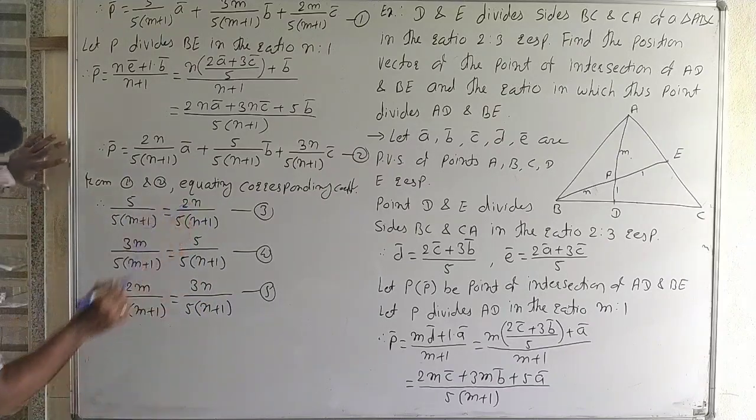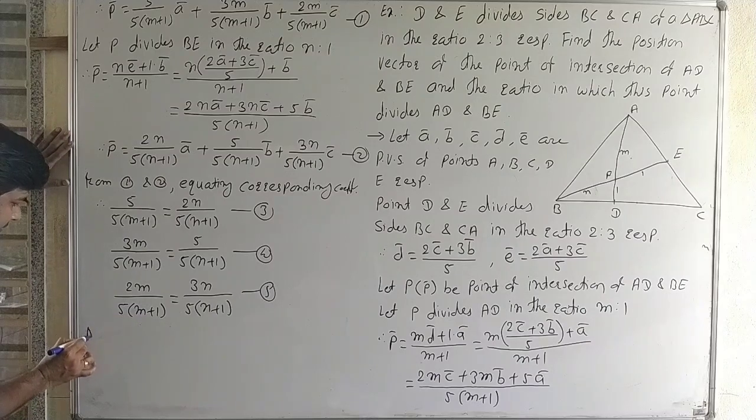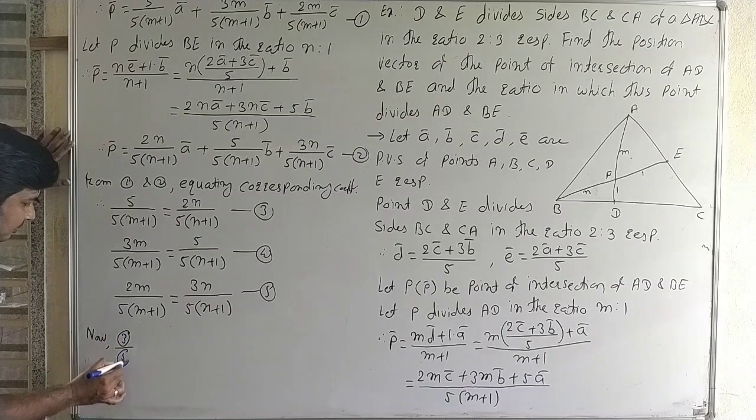Now equation number 3 divided by equation number 5.